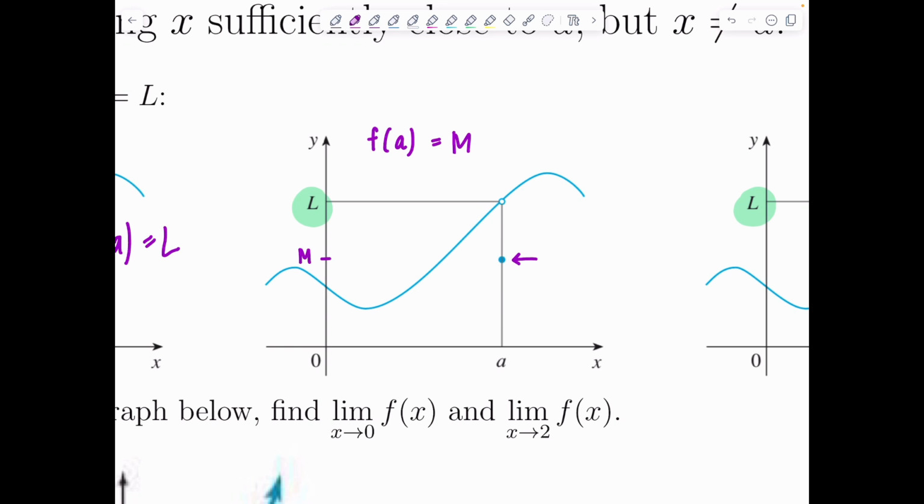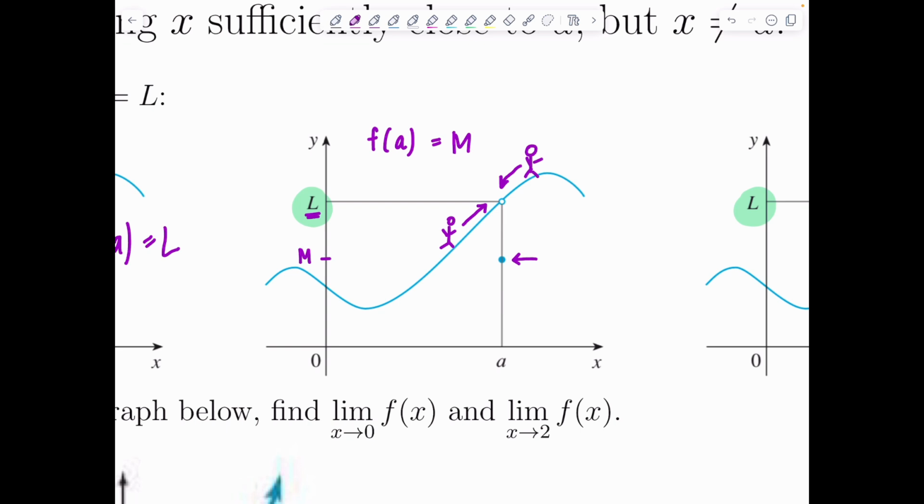So say you tell your friend, hey, I'm going to walk over to x equals a, and they go, cool, I'll meet you there. Well, where are they going to try to find you? You're like, I'm walking over to x equals a. Looks like you're heading to y equals L. So they're like, hey, I'm going to come meet you too.